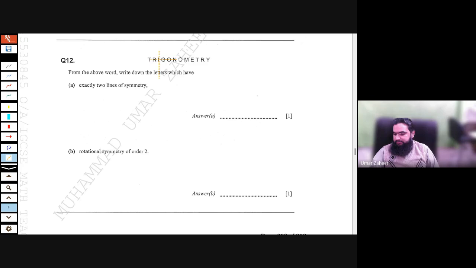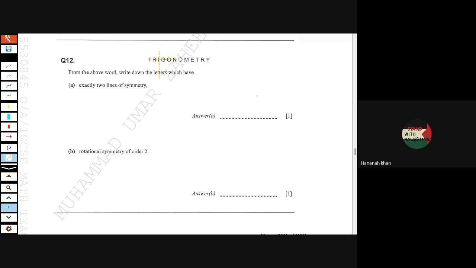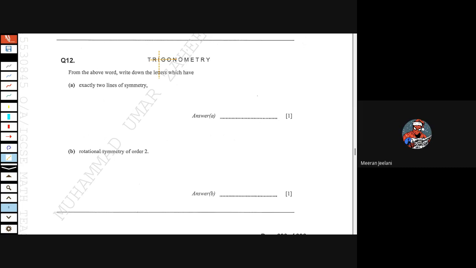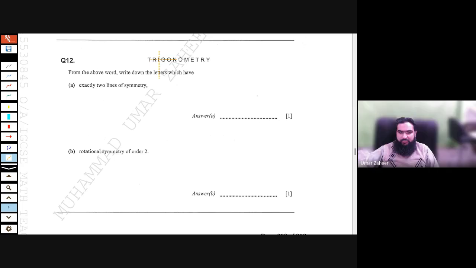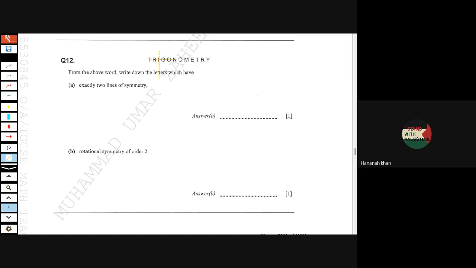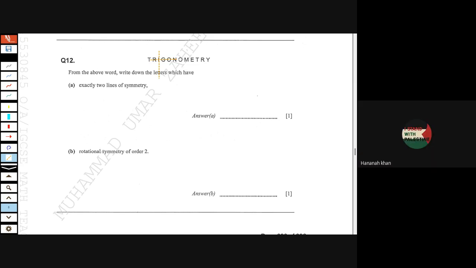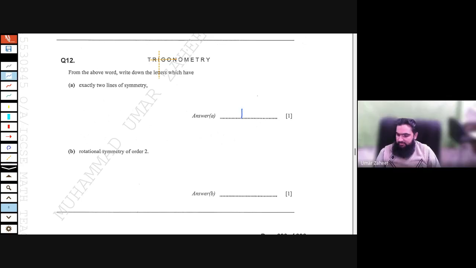Is there any other one? M, but in M we have more lines of symmetry. We have O here. In O we have infinite, but you just have to find the ones with exactly two. So that means there is only I.